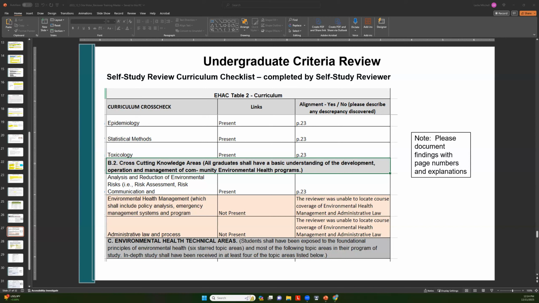Again, this is an undergraduate program, and we don't expect them to have master's-prepared folks when they leave. But give that some consideration as you prepare for your site visit, because I found that to be very, very helpful for me. I'll be glad to answer any other questions around the undergraduate criteria before moving on with Kai's portion.